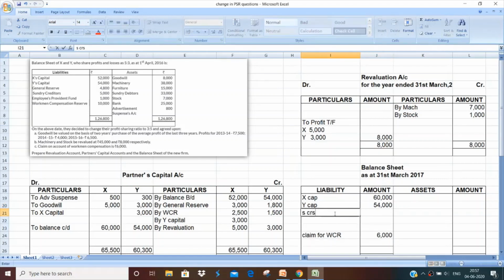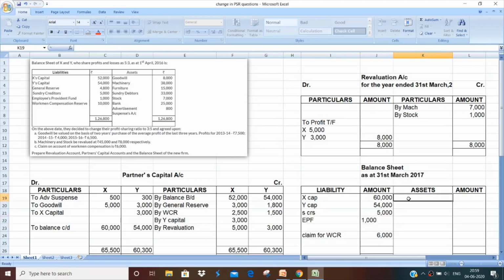So sundry creditors are given to you as 5,000. Moving on, we have EPF. EPF is an outside liability, so it was not written off, remember. So that amount will be written here, 1,000. Then our liability side is over. Workman compensation reserve is also written off, but I've written the claim for workman compensation.